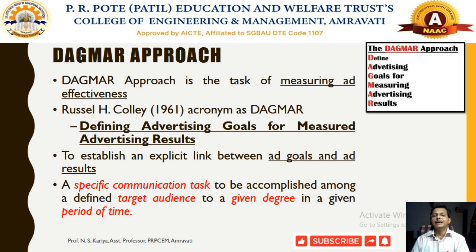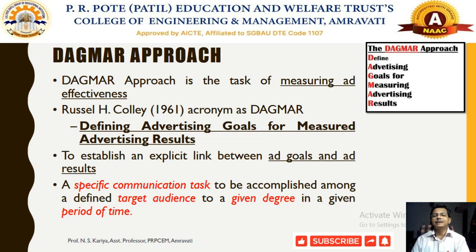So here we are focusing on either our advertising objective or communication objective. Whatever advertising objectives we set can be measured with the help of this DAGMAR approach. DAGMAR approach is a task of measuring the advertising effectiveness.